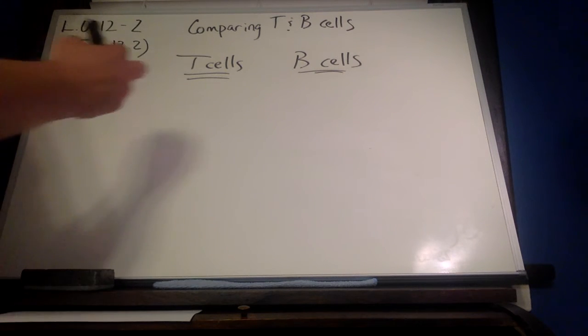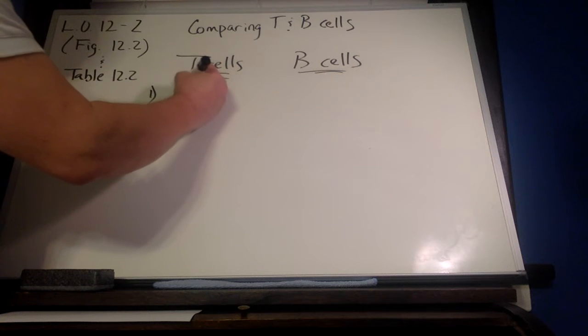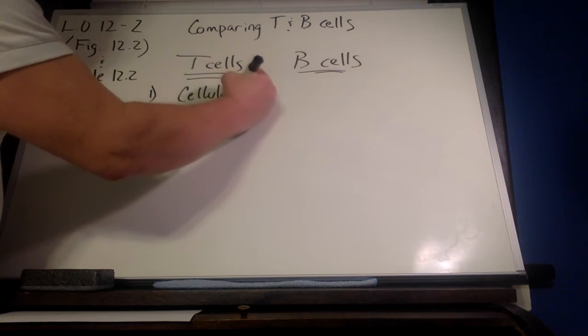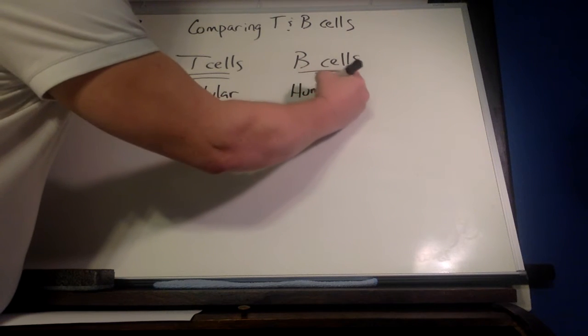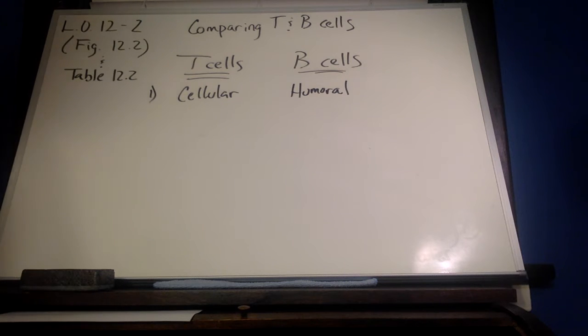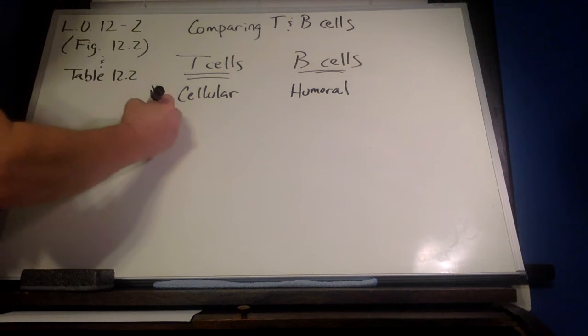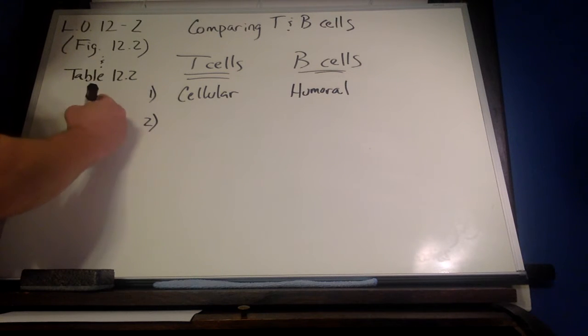So one of the differences, they're part of different parts of the adaptive immune system. T cells are part of the cellular adaptive immune system, whereas B cells are part of the humoral adaptive immune system.